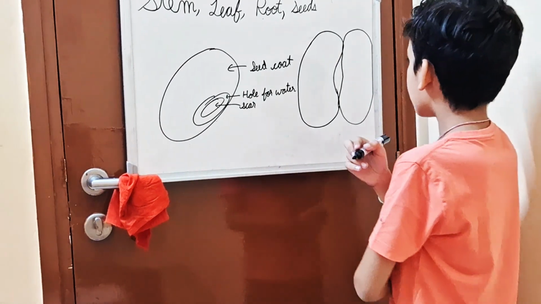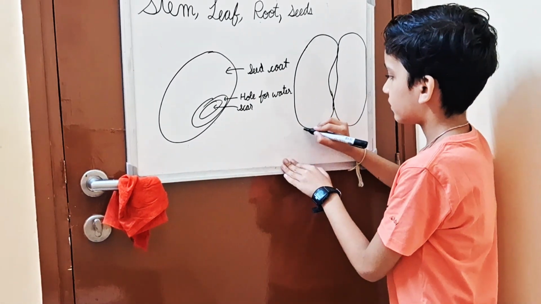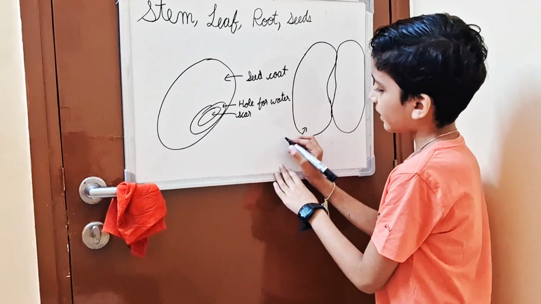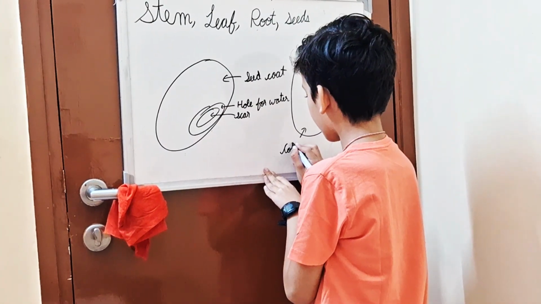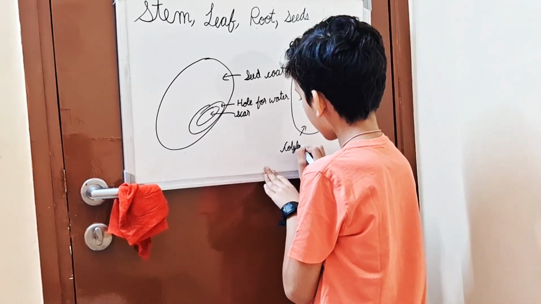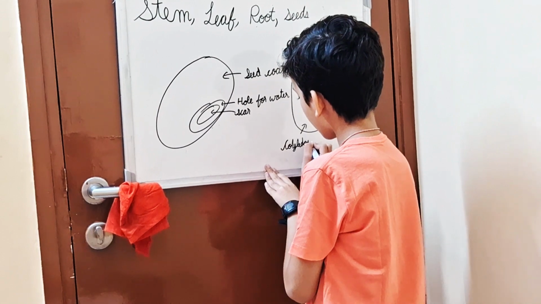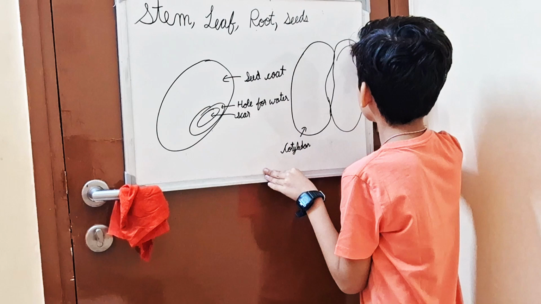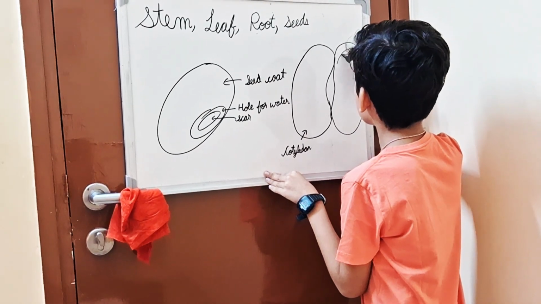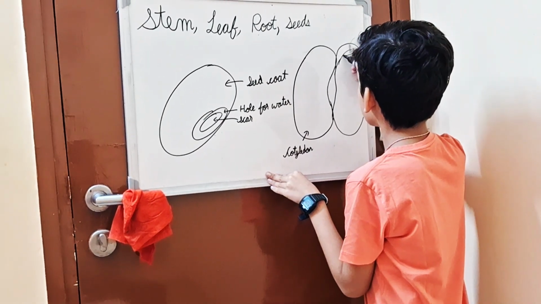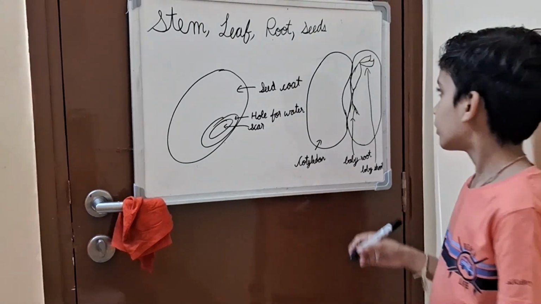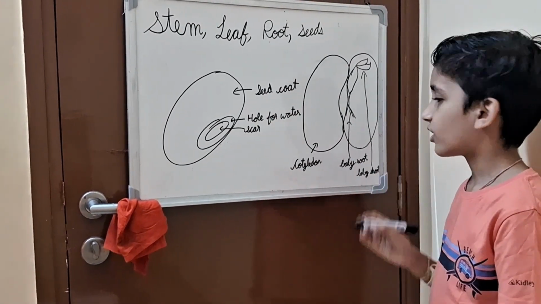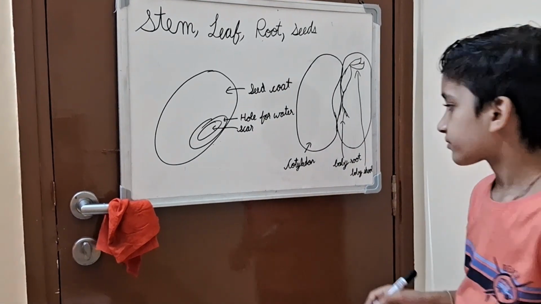These are the inner layers of the seed. This part is called cotyledon. So these are the inner parts of the seed.